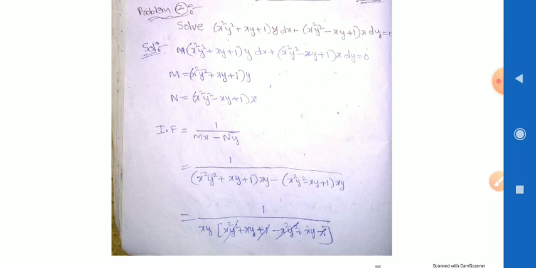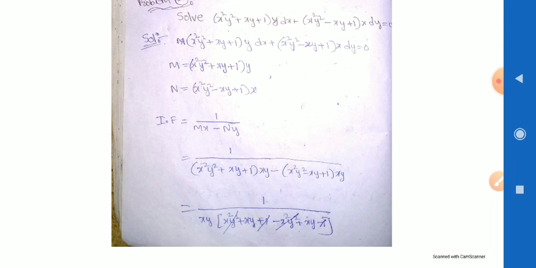Here for the method number 3 problems we have an integrating factor. The integrating factor is equal to 1 by (Mx minus Ny), taking the M value and the N value and multiplying by x and y, we get 1 by (x square y square plus xy plus 1) into xy minus (x square y square minus xy plus 1) xy.